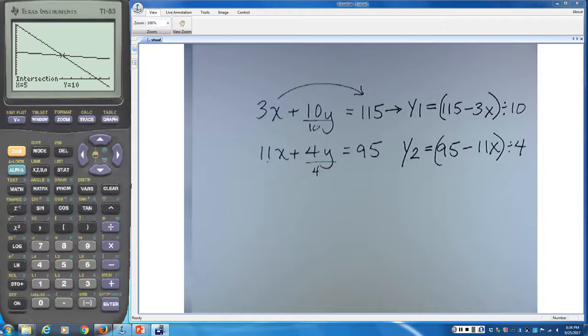Now, this is not from a realistic problem, but I want to give you an example of a system that has infinite solutions.